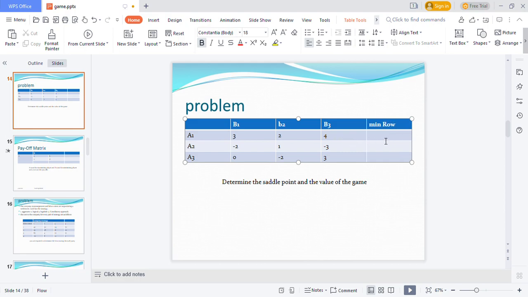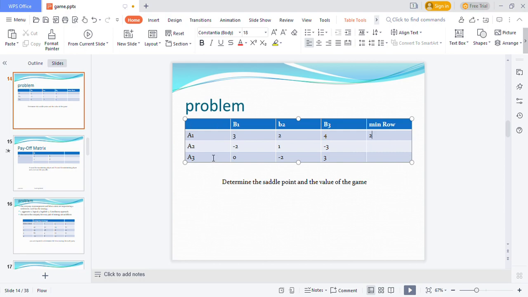So we look for the minimum payoffs in each row. In this case, we have 3, 2, 4. So the minimum is 2.